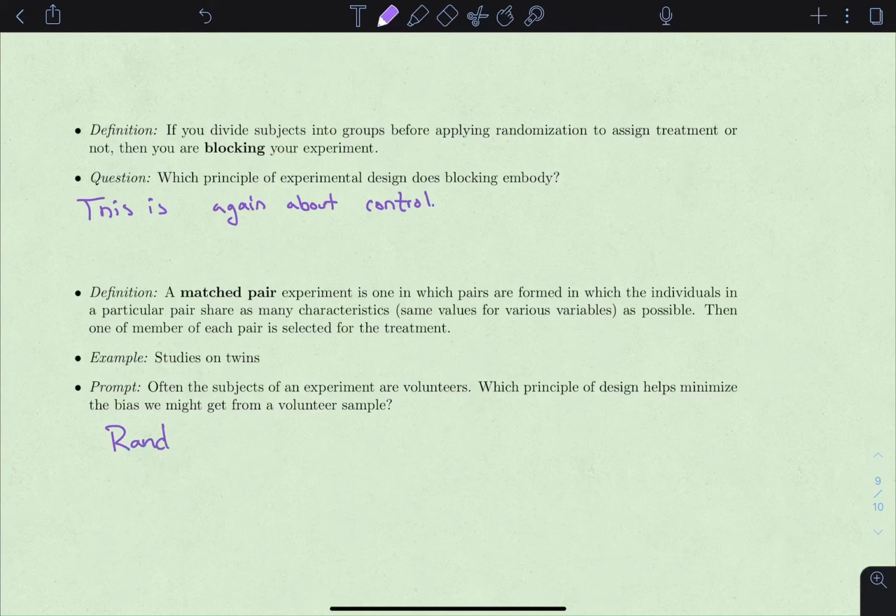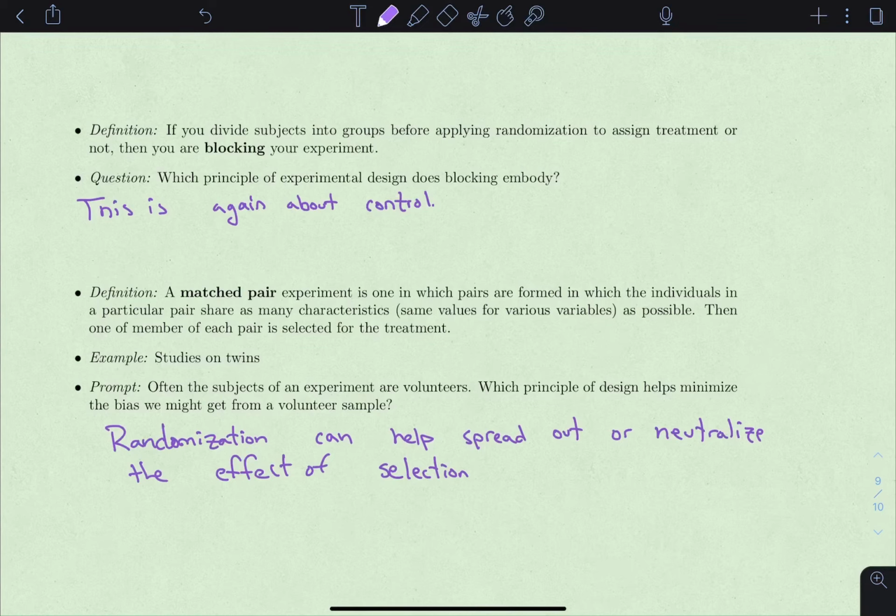Randomization can help spread out or neutralize the effect of the selection bias due to volunteer sampling.